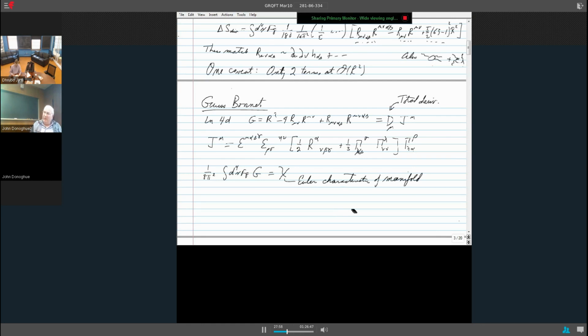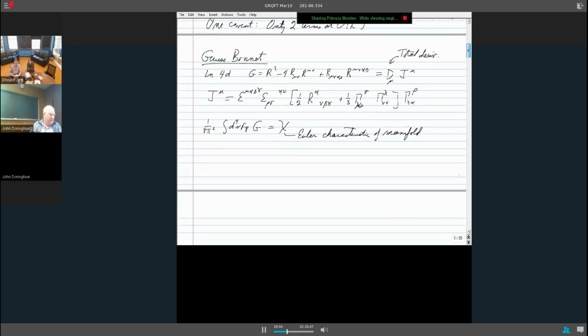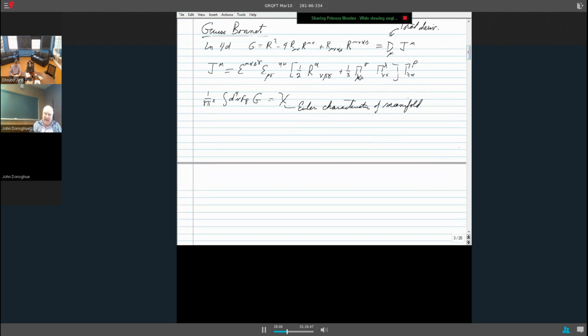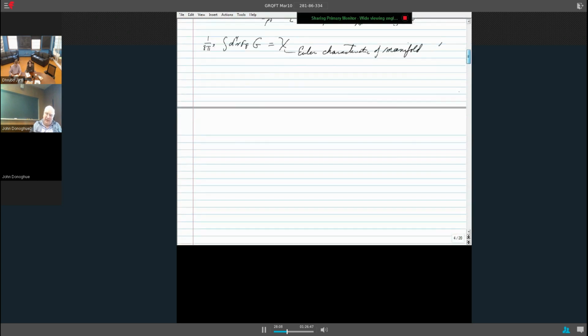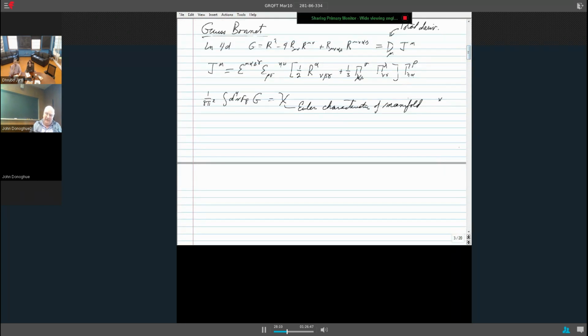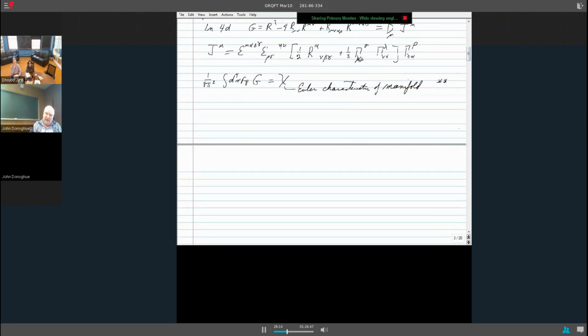Okay. But the interesting thing is that, again, this is copied, but I know up to the normalization that the answer is right. The integral d4x square root of minus g times this Gauss-Bonnet invariant is the Euler characteristic of the manifold.